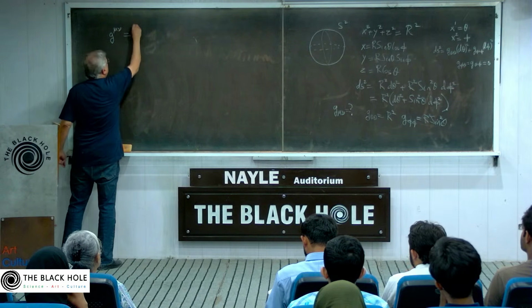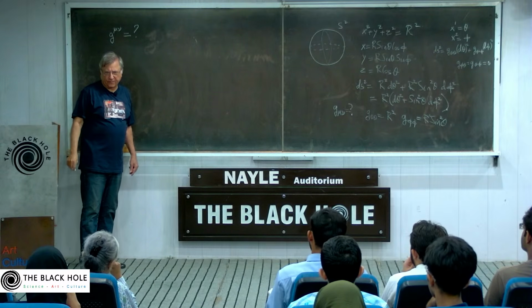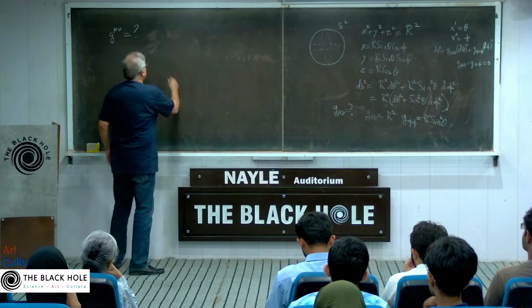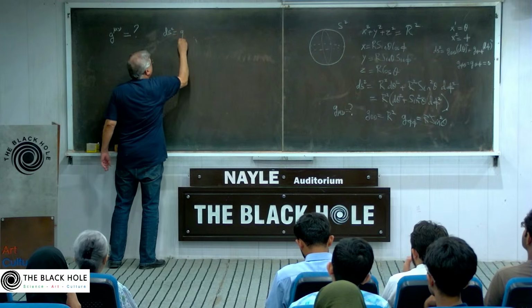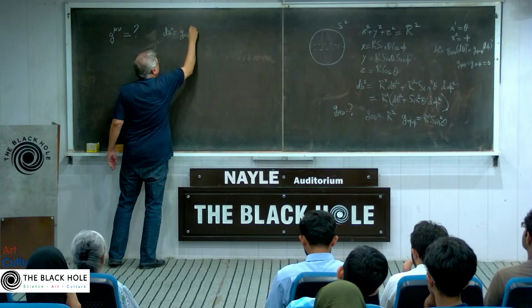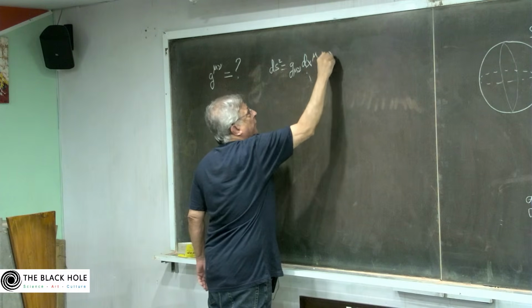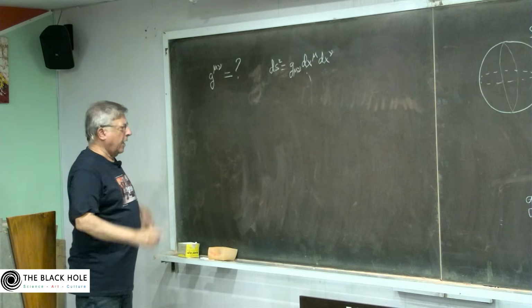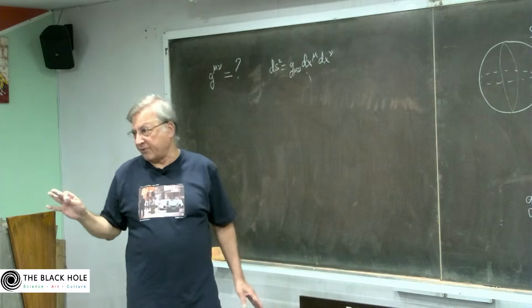I need to define this for you. So you remember how this was defined? ds squared was defined as g mu nu dx mu dx nu. But how am I to define this? Let me give you the definition. This is the first time in your life that you are seeing this.